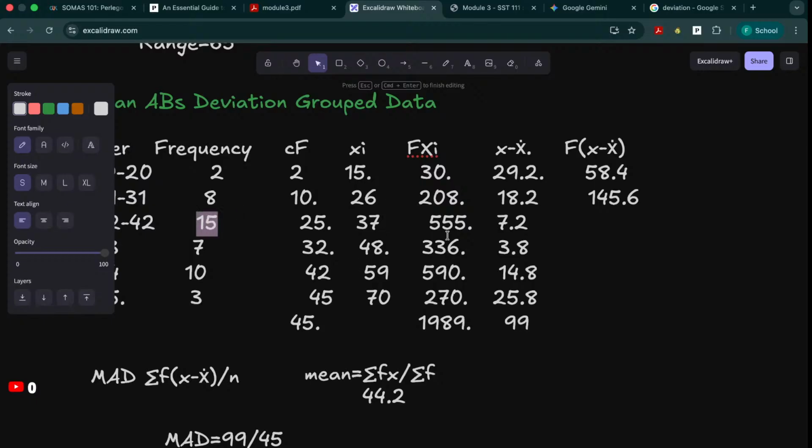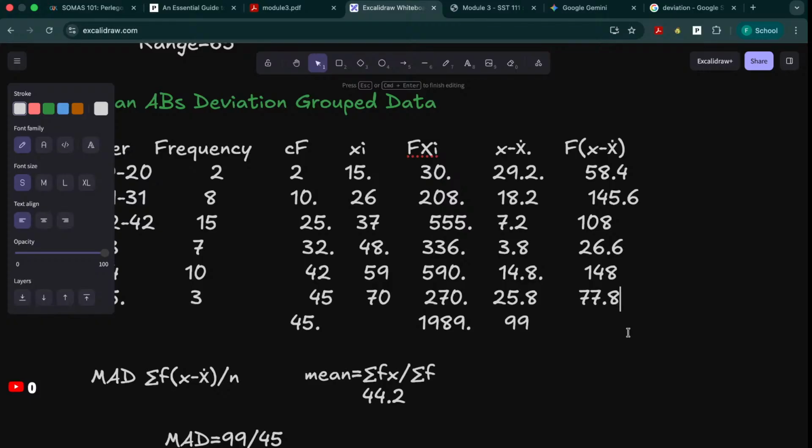We have 15 times 7.2. 7 times 3.8 gives 26.6. Then 148. So we have 25.8 times 3, 77.4.